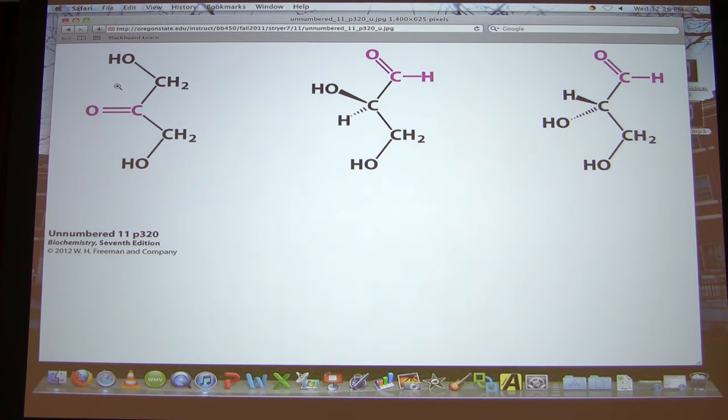And I'll show you the structure of that. On the other hand, if instead of having a ketone bond in it, the carbohydrate has an aldehyde bond in it, that structure is known as an aldose, A-L-D-O-S-E. And again, that's a general term for a carbohydrate that has an aldehyde bond in it.